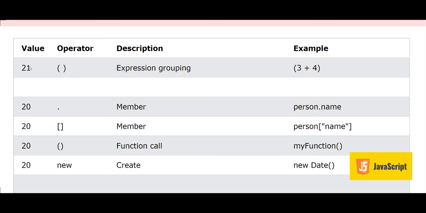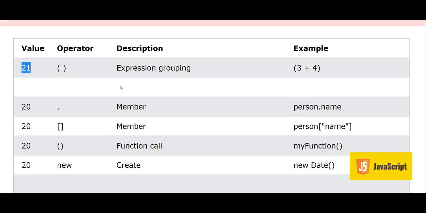The higher the number, the sooner the operation will be performed compared to an operator with a lower number. As I just explained, any expression grouped with parentheses will be performed first, so it has the highest precedence value.